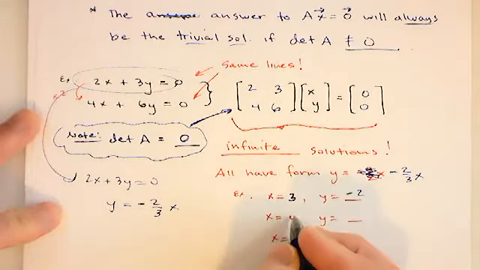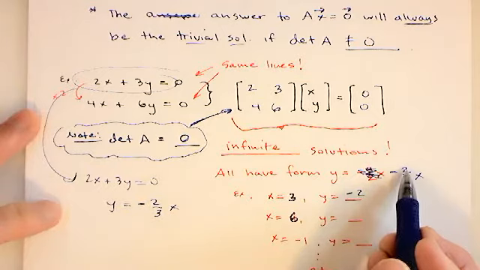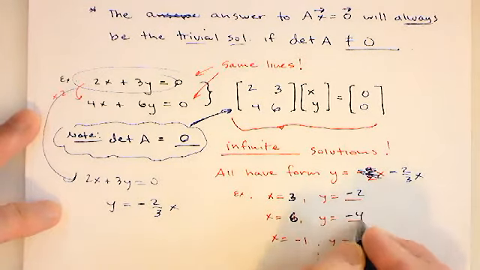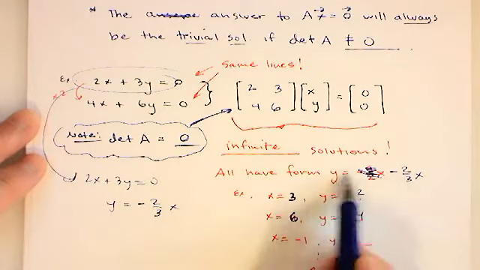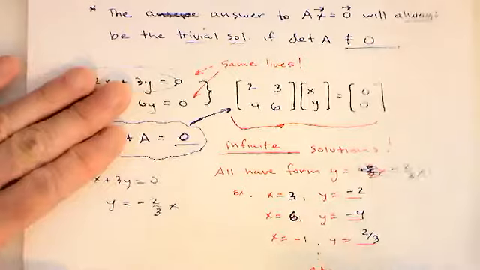If x was 6, y would be negative 2/3 times 6, which is negative 4, also a solution. And you can do this for any x value. If x was negative 1, y would be positive 2/3, etc.